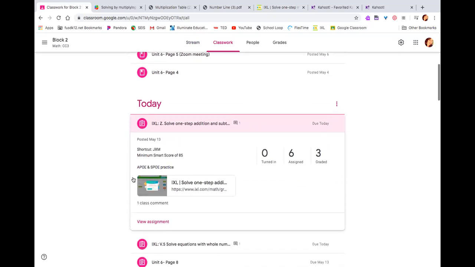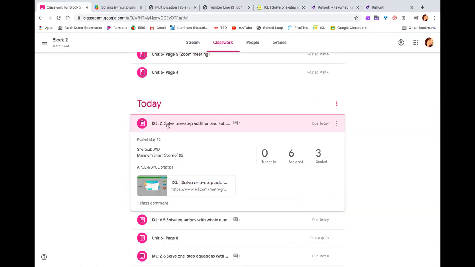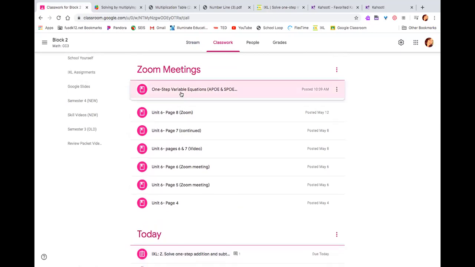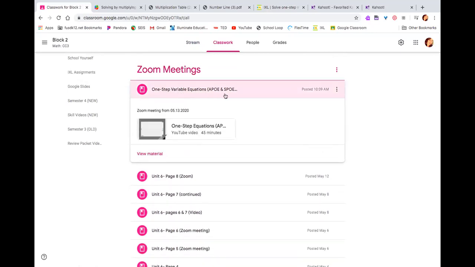So that's the video, and I'm going to send you that link. Oh, no, that's not it. That's IXL. Oh, here we go. One-step variable equations, APOE, SPOE. So this was the Zoom class yesterday. If you want to watch that, it's a long video, but you could always fast forward or just watch the section you need to watch.